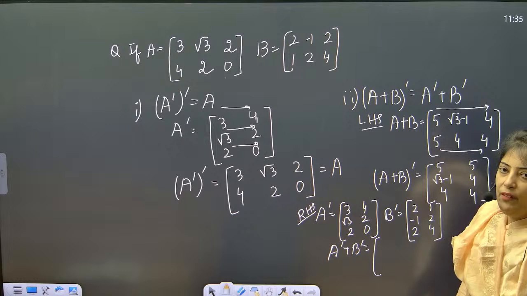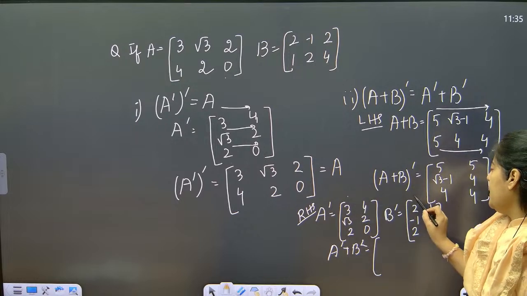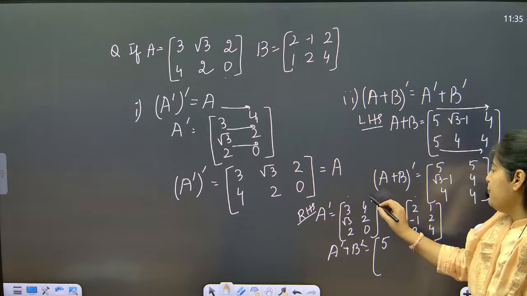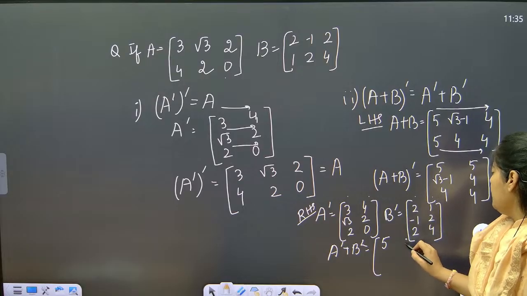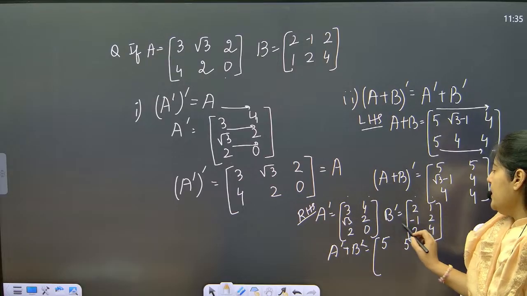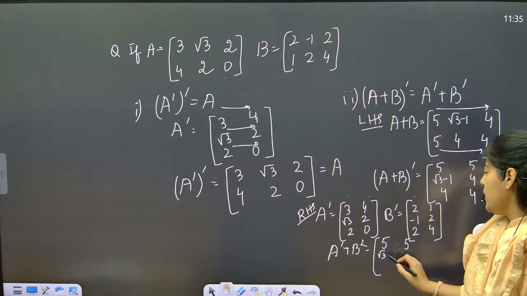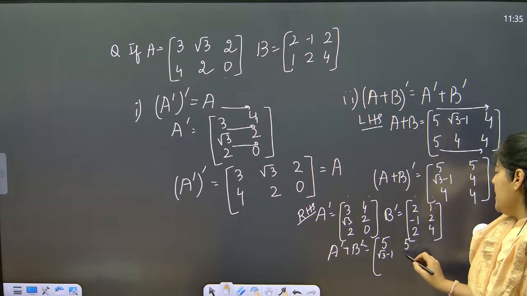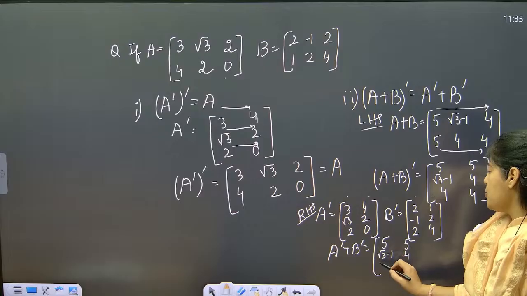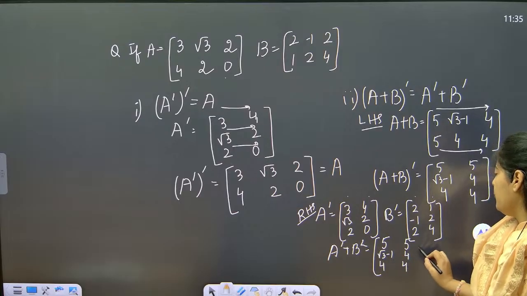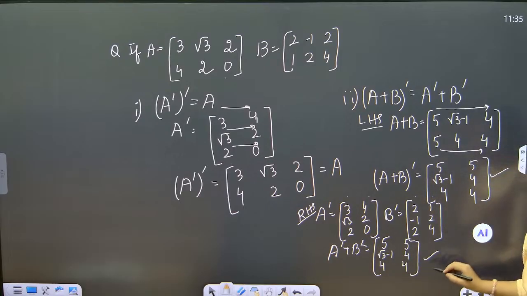Add the respective or corresponding numbers. 3 plus 2, 5. 4 plus 1, 5. Root 3 minus 1. 2 plus 2, 4. 2 plus 2, 4. 0 plus 4, 4. LHS equals RHS.